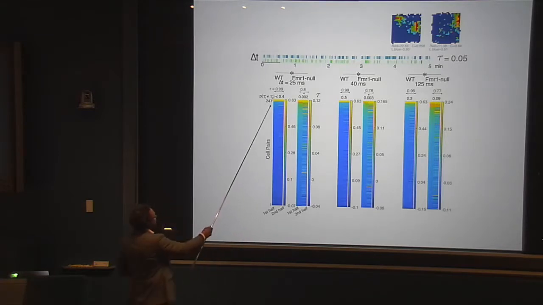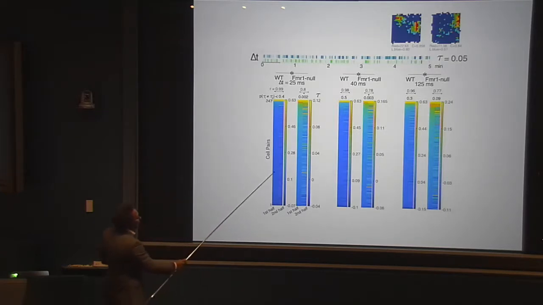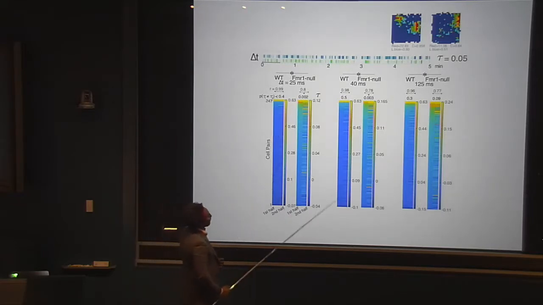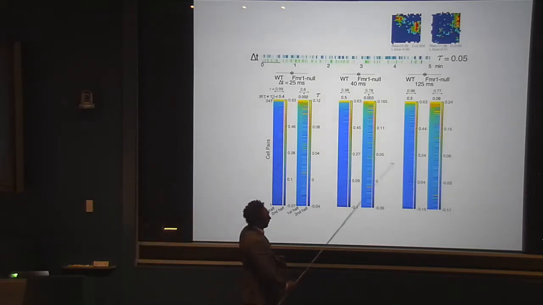For each cell pair, we've organized the cell pairs from 1 to 247 in this case, and we're showing the correlation of that cell pair in the first and second half. And you'll notice in the wild-type animals, they tend to fire quite reliably from the first half of the recording to the second half of the recording, not so much in the Fragile X model mice.